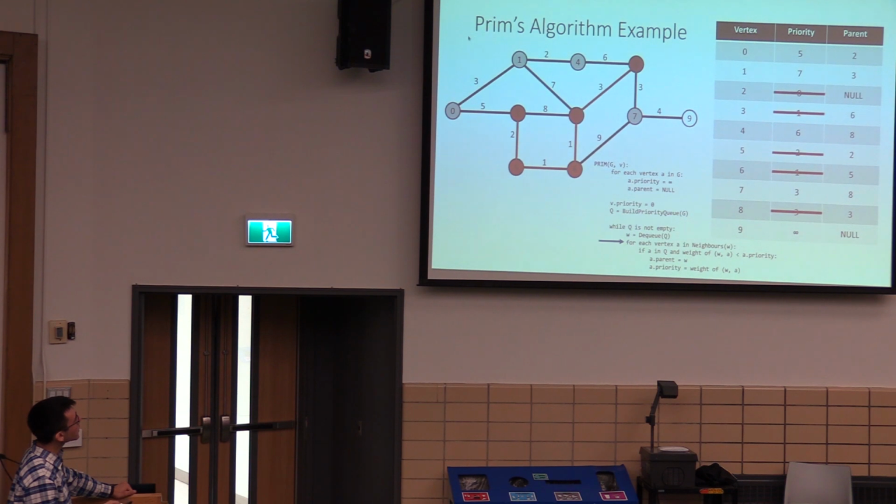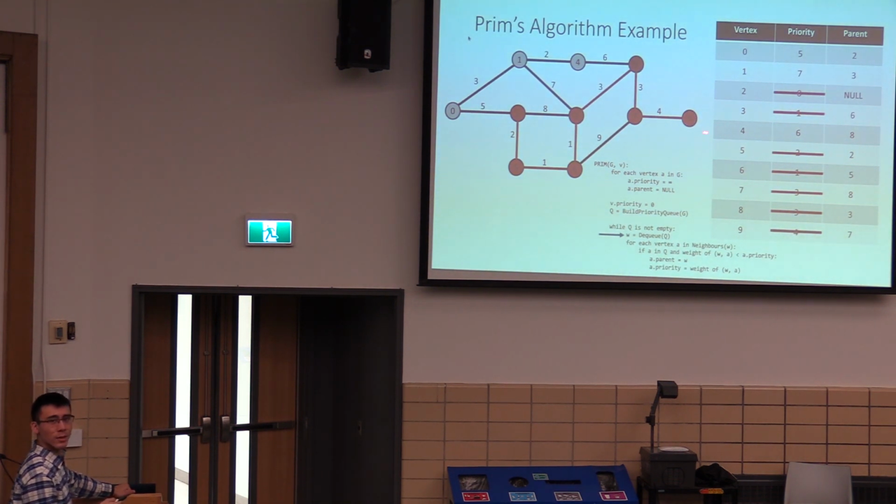Next, the next smallest one is going to be vertex 7 with a priority of 3. So I expand the 7. I find 9. I update 9's priority from infinity to 4, which is this weight over here. And then I again look for the lowest priority, which is going to be 9 now because it has the priority of 4. Cross it off.